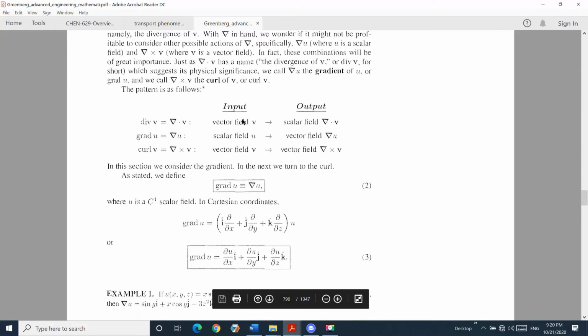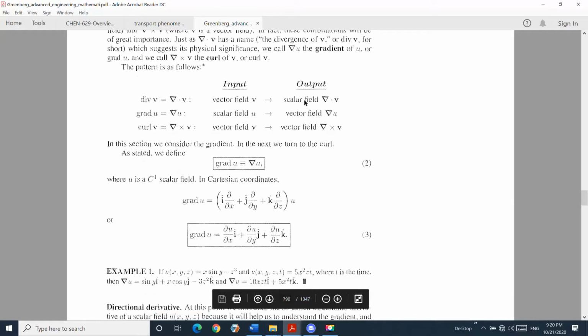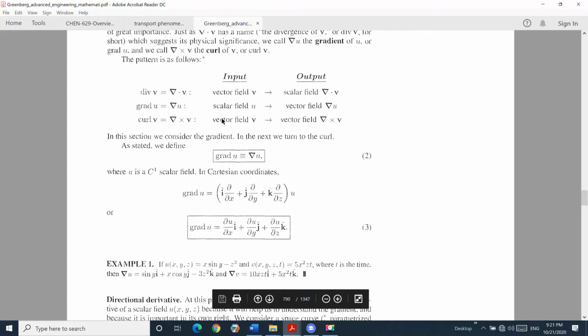We call this the del operator again. The input is the vector field V, and the output of this mathematical tool is a scalar field. Grad u is represented by this formula, and the input is a scalar field, like u this time, not a vector field, and we obtain a vector field like this. And for the curl, the input is the vector field V, and the cross product gives you again a vector field.